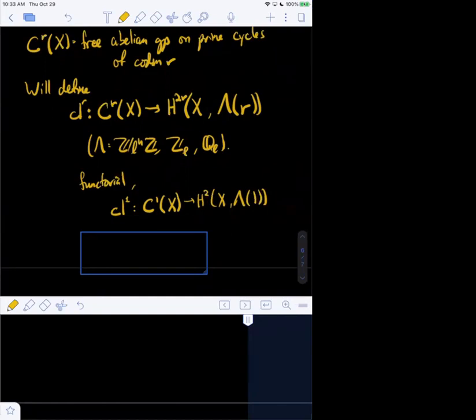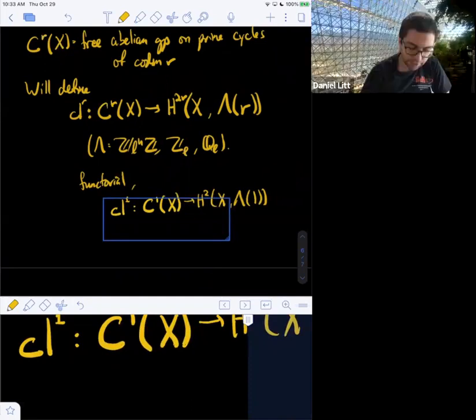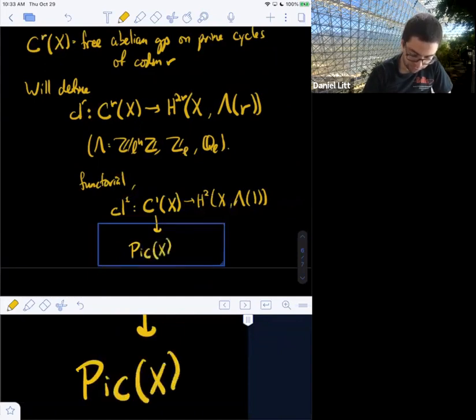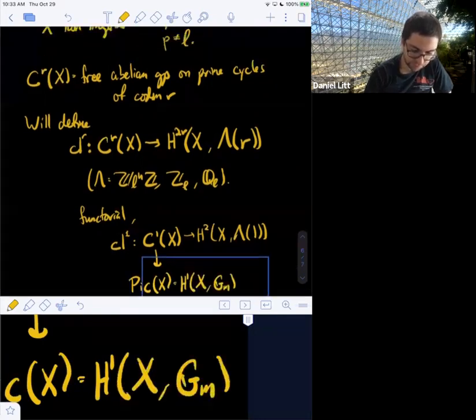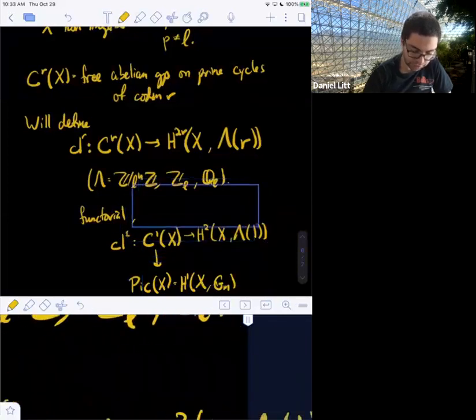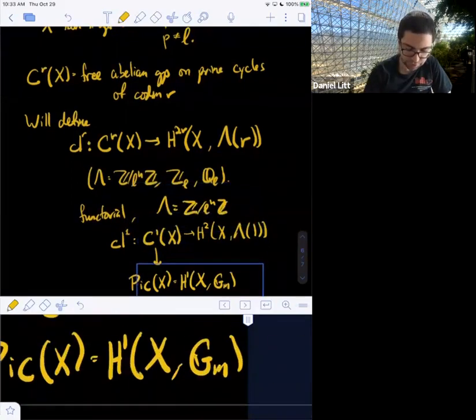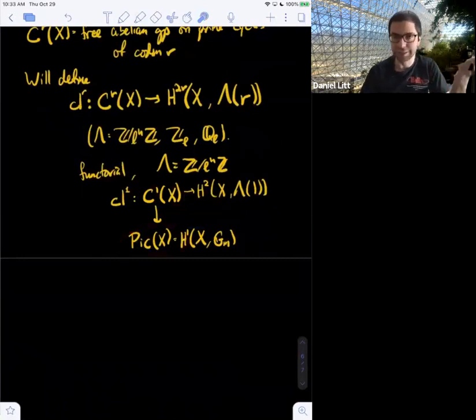Is this going to come from the exact sequence we had on G_m? Yeah, exactly. It's going to come from the Kummer map. So C^1(X) maps to Pic(X), which is the same as H^1(X, G_m). Let me set Λ equal to Z/l^n Z, since it suffices to do that case. There's a natural map from codimension 1 cycles to line bundles. Hopefully you've seen that explicitly. What is it?